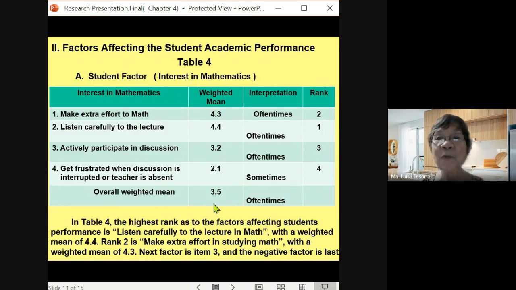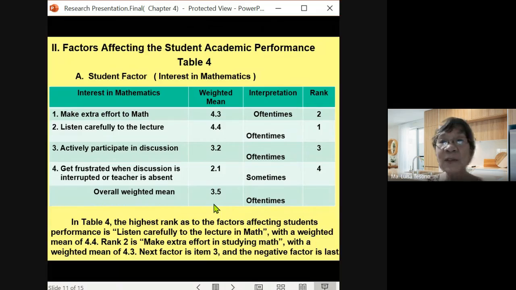Looking at Table 4, the highest rank as to the factors affecting students' performance is listen carefully to the lecture in mathematics with a weighted mean of 4.4. Rank 2 is make extra effort in studying mathematics with a weighted mean of 4.3.